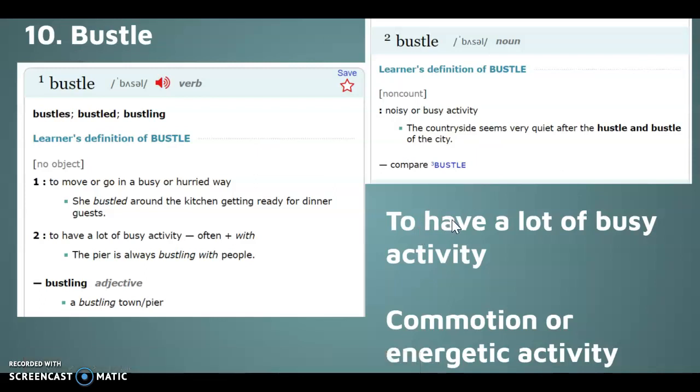So to have a lot of busy activity is the verb, or commotion or energetic activity is the noun. So once again, the noun and the verb are very related. So if you have this idea of busy, hurried activity, you can use that either as a verb or a noun.